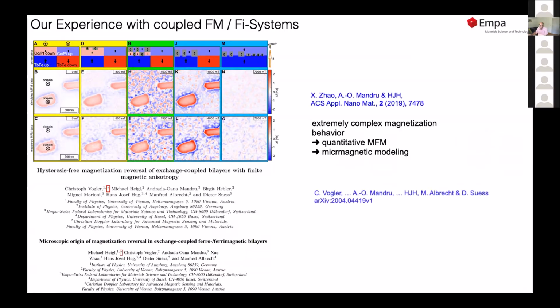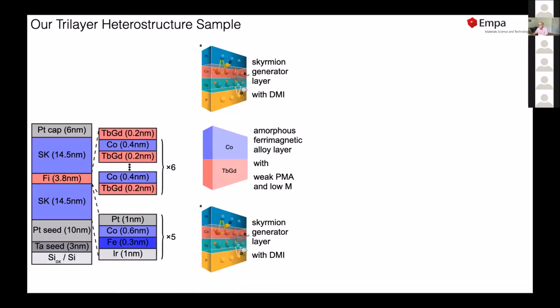Now we have done a lot of work, and you can find, for example, this one already recently published, and we have done a lot of quantitative MFM and micromagnetic modeling. So that really represents state of the art in micromagnetic modeling, to understand the very complicated hysteresis these 3D materials have on top of the rare earth amorphous ferrimagnets.